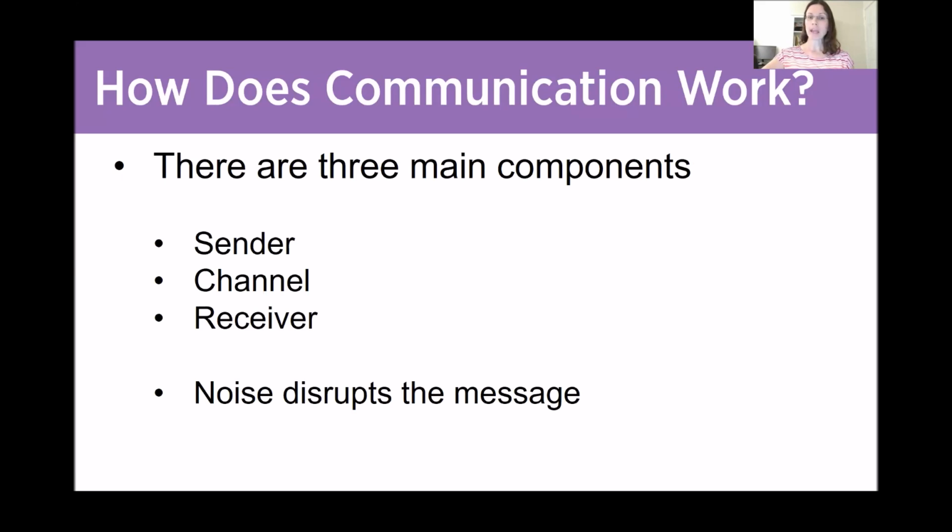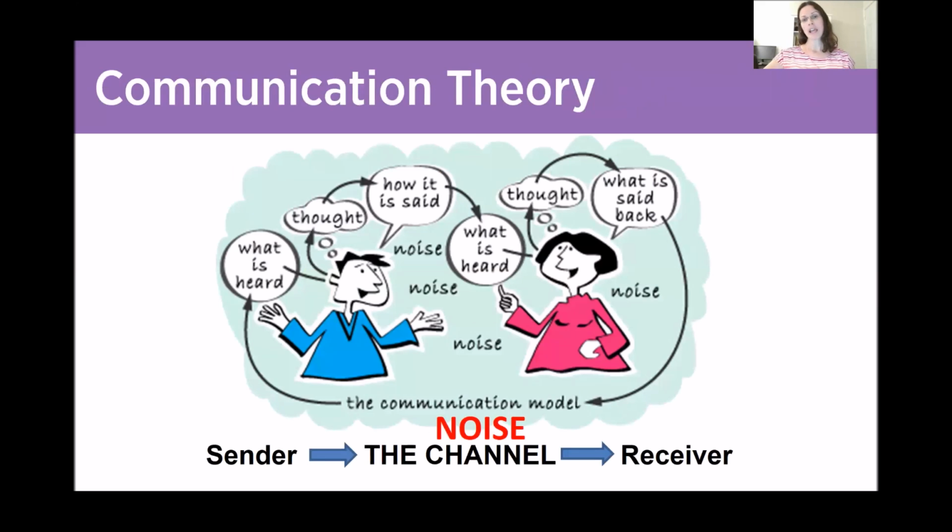There are three main components to communication. This is very important and the foundation of your understanding of communication. There is firstly a sender, then the channel, that's how the communication is transferred, and a receiver. And throughout this process, noise may disrupt the message. So here is a visual that illustrates this point.